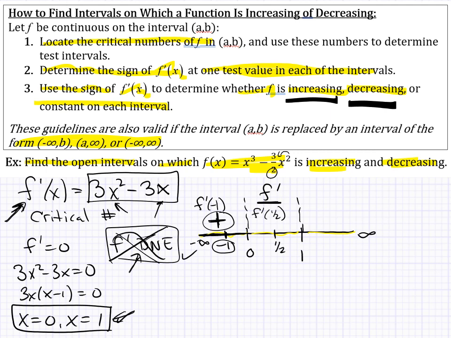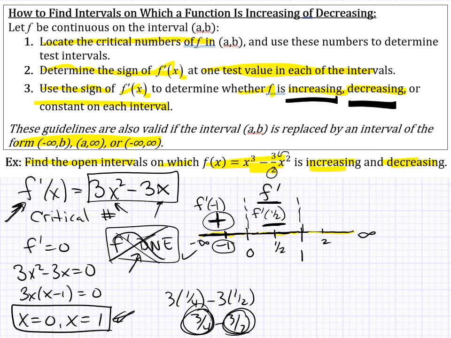So when I plug a half into the derivative, I get 3 times 1/4 minus 3 times a half, which is 3/4 minus 3/2. You should understand that this number is smaller than this number. A smaller number minus a bigger number yields a negative. If 1/2 yields a negative, every x value between 0 and 1 would make the derivative negative.